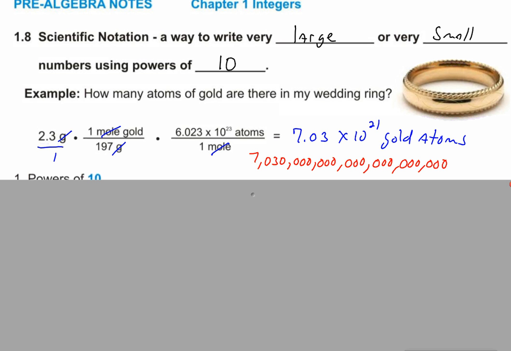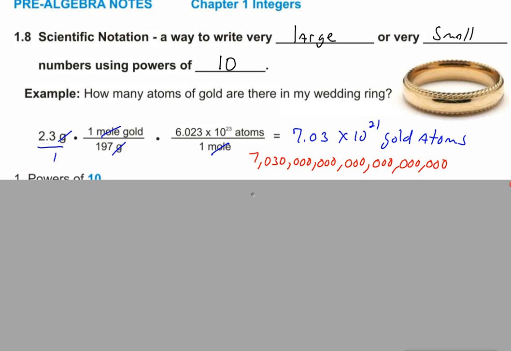So this is 7 billion trillion atoms. It's big. 7 billion trillions. It's a lot. It's how many atoms of gold there are in that ring.